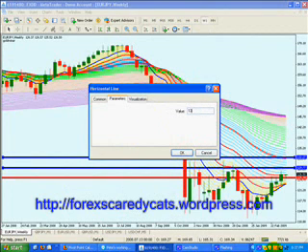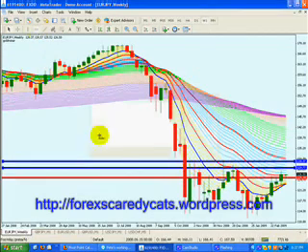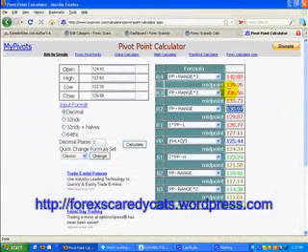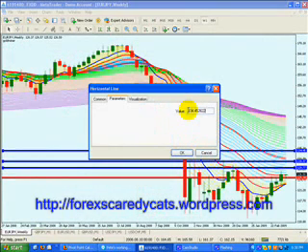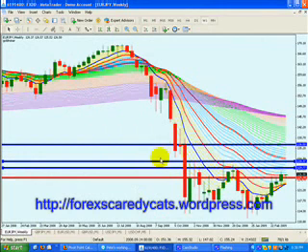And then finally, the last one I'll draw for the resistance is 136.50. All right, so there's my resistance levels.